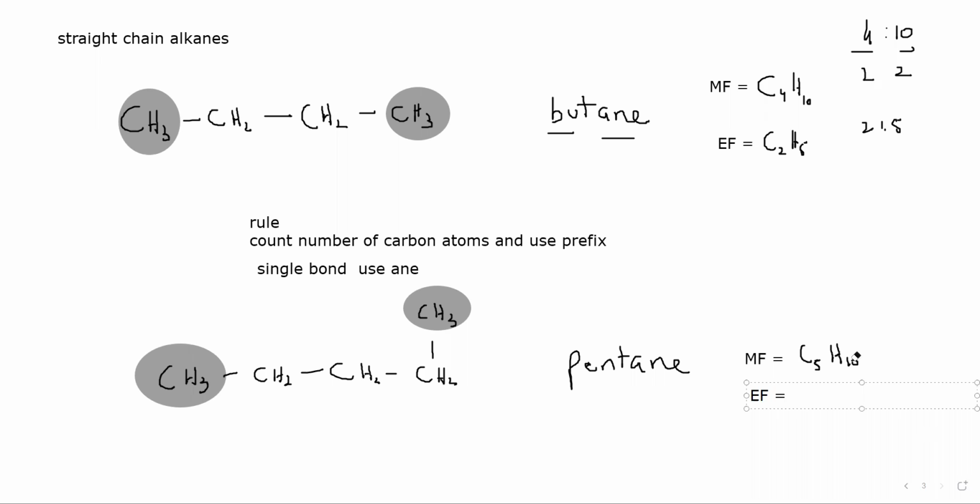By mistake, I wrote 10 here. 5 and 12 cannot be further simplified. It is the simplest ratio. So its empirical formula will be the same as the molecular formula. Is it clear? This is how to name the straight chain alkanes.